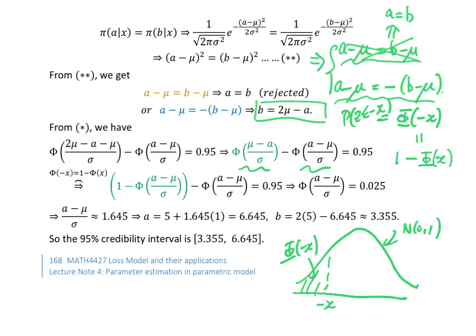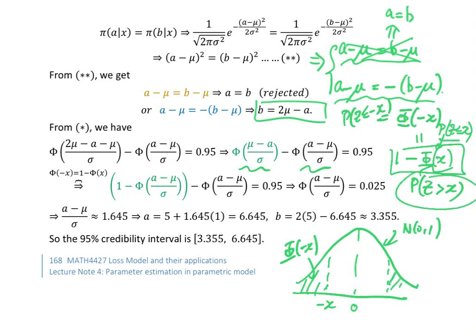Now how about the right hand side? The right hand side is the probability that the standard score is greater than s, because this one is the probability that Z is less than or equal to s, right? And then you take one minus this guy, since the probabilities sum to 1, and that will be equal to this probability. So that means this will correspond to the region on this side.